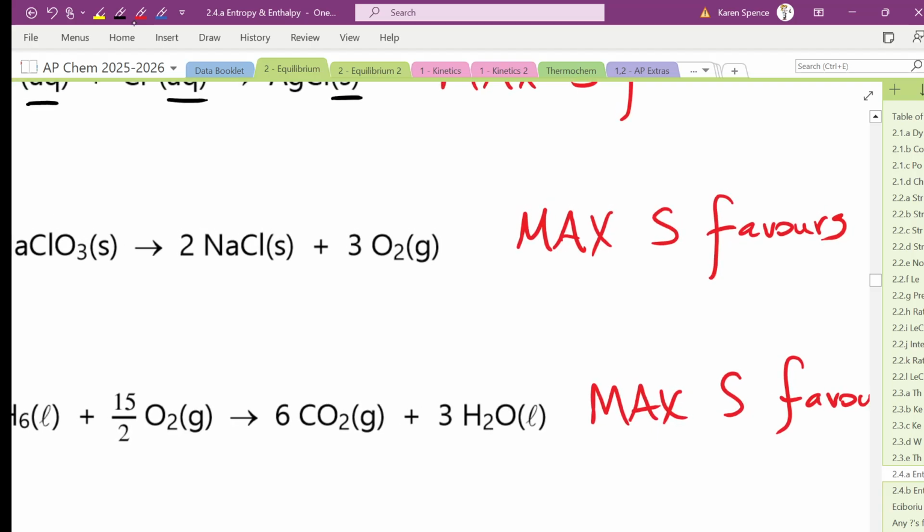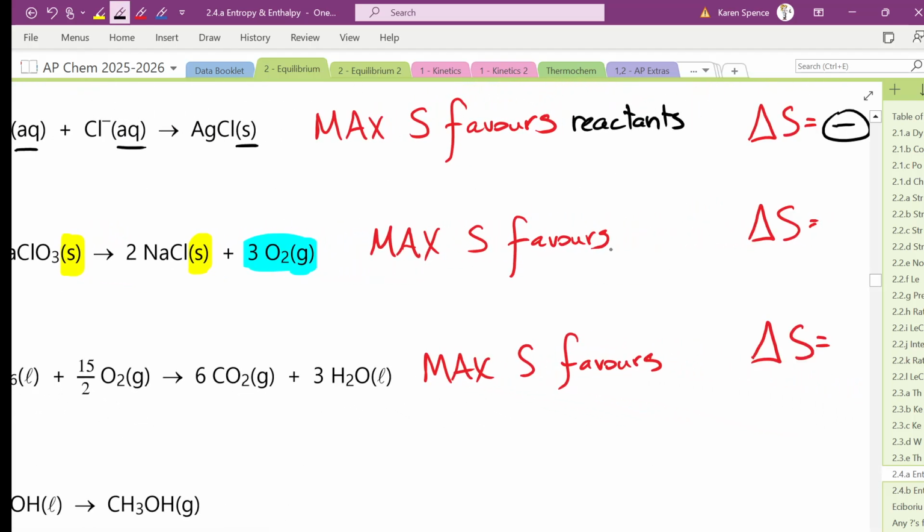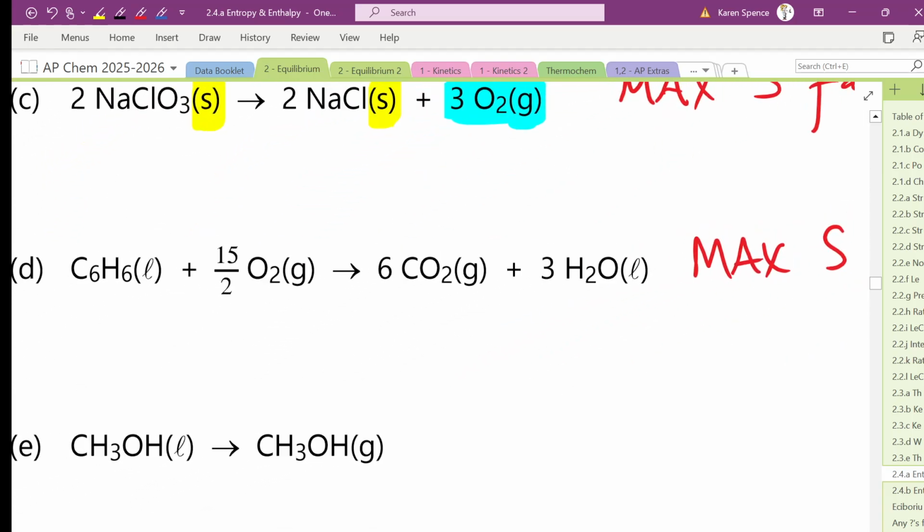Okay, now we have a solid and a solid and a gas. And the fact that you have a gas over here overrides everything else, which means that maximum entropy favors the products, and delta S is positive. And in our next one, we have 7.5 gas molecules, and over here we have 6 gas molecules.